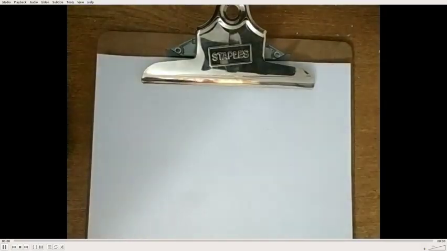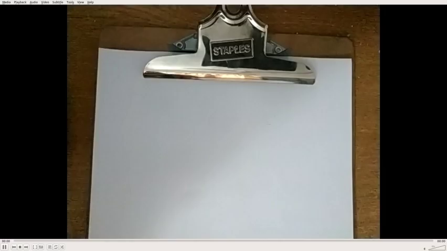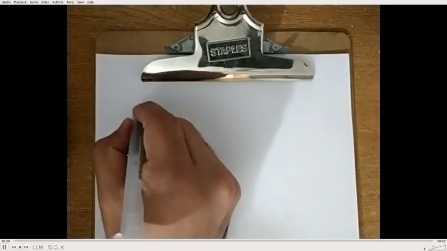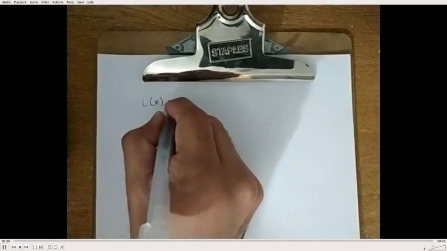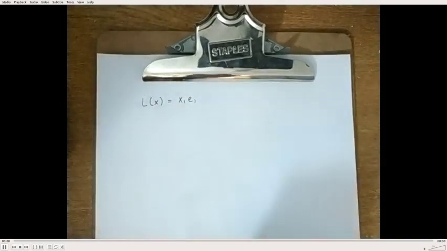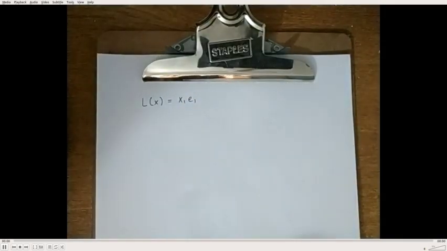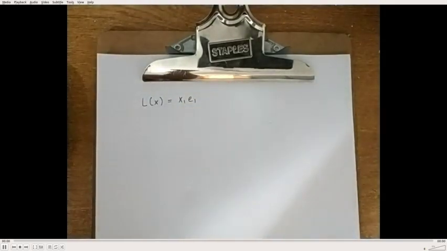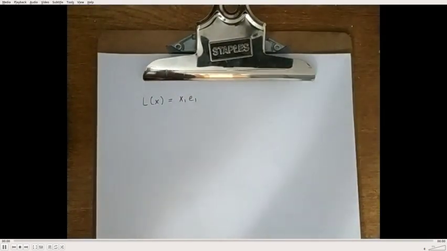Let's check it out. Should be easy to do. Let's suppose L of x equals x1 e1, and I'm going to do this directly now instead of checking scalar multiplication and addition separately. If you want to do it separately, it's available in the book.